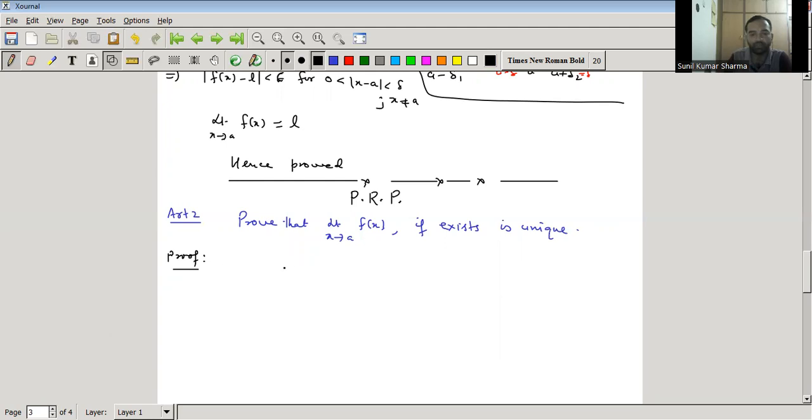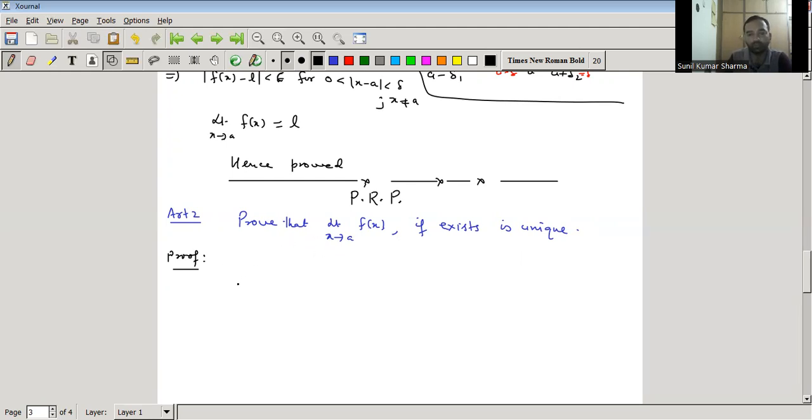So we start with: if the function has a limit, then what is the meaning of this? That mod f(x) minus L is less than epsilon for mod x minus a greater than 0 and less than delta, where delta depends upon epsilon, or limit as x goes to a of f(x) equals L, where L is any real number. If its limit exists, then it is unique.